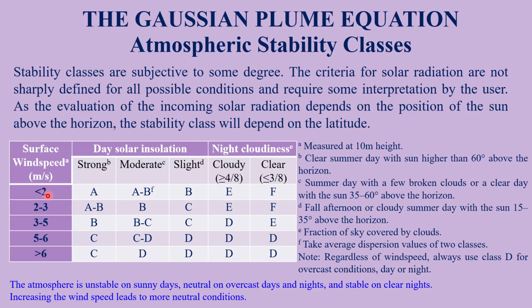When wind speed is increasing, we'll reach to this neutral condition. Otherwise, you can see the wind speed is less than 2 meters per second, maybe A, B, or E, or even F. So if wind speed is increasing or greater than 6 meter per second, maximum class is under neutral condition.